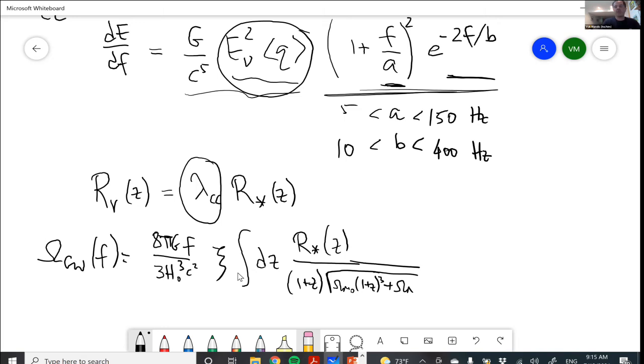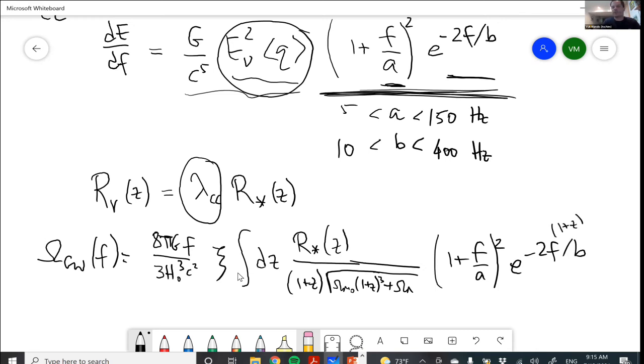And then we have the dE/df, where what's left here is basically just the empirical part, (1 plus f over A) to the power 2, e to the minus 2f over B. And I should be careful, this should be 1 plus z here and 1 plus z here as well, because these are now redshifted, or I should say blueshifted, frequencies in the source frame.